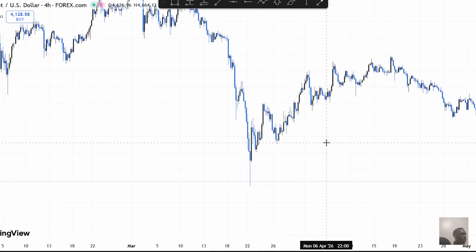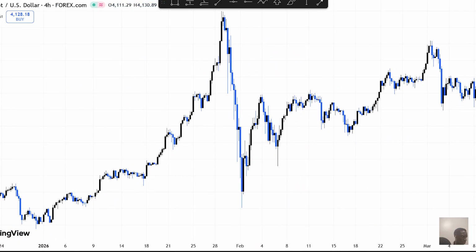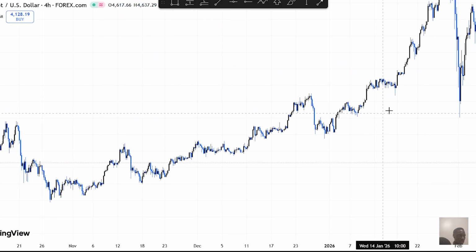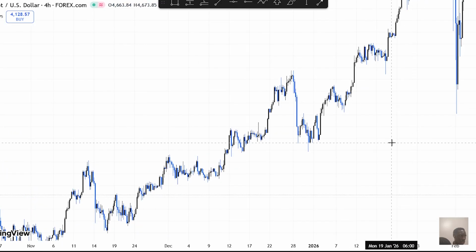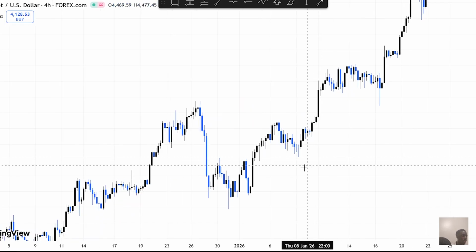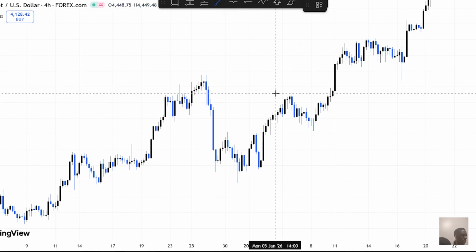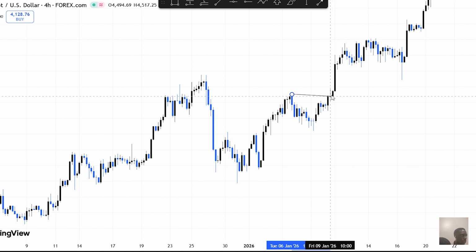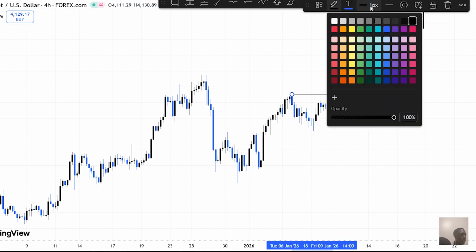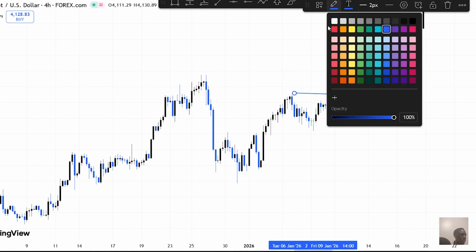So now let's look at some examples of a breakout structure. So price is bullish, but as you can see here, price comes and breaks structure there. Break structure there.